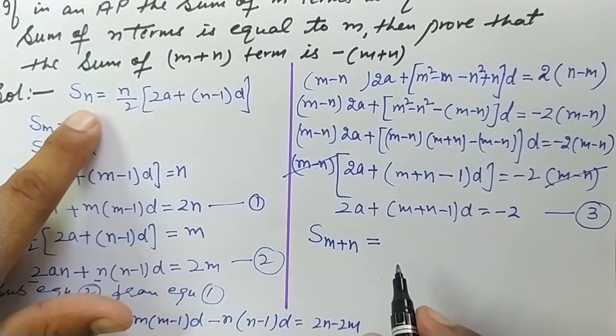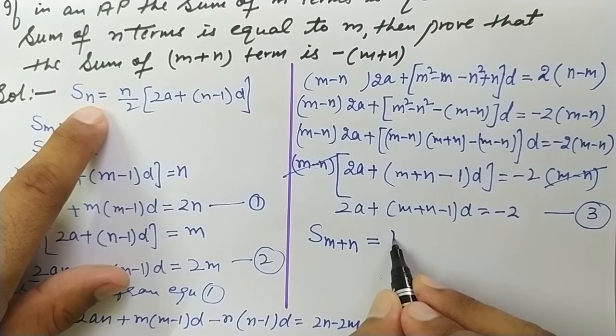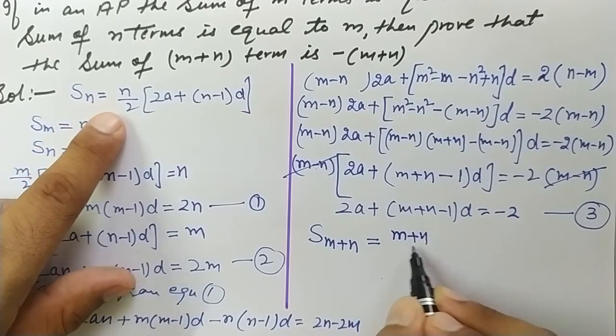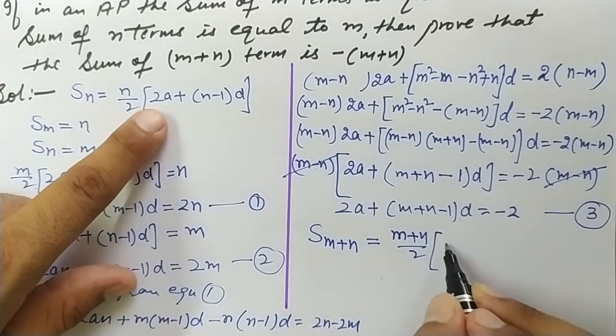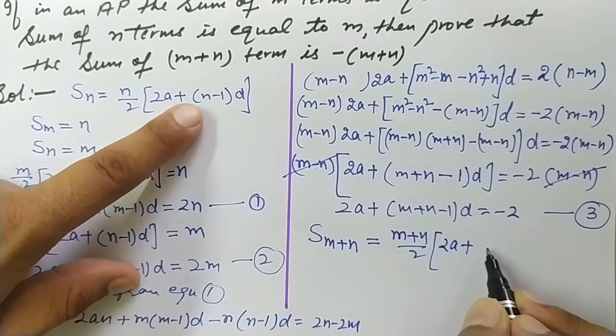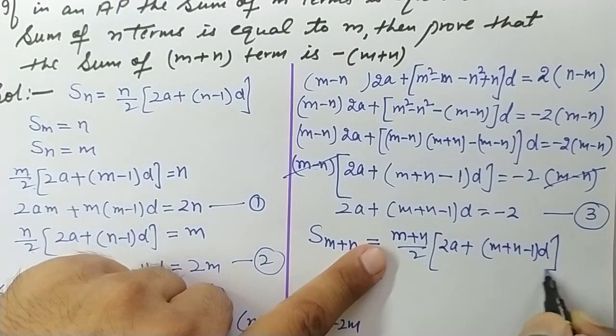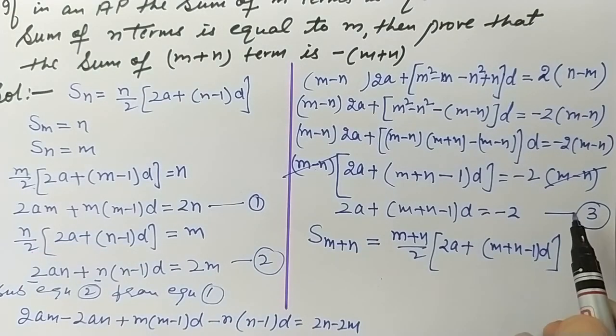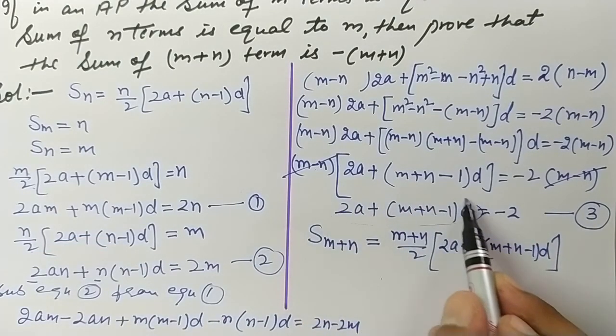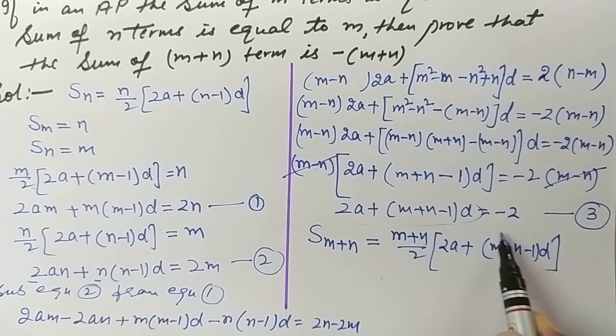Put this formula only. So it becomes m plus n by 2, into 2a plus m plus n minus 1 into d. If I see equation number 3, this value is minus 2. So inside it is minus 2.